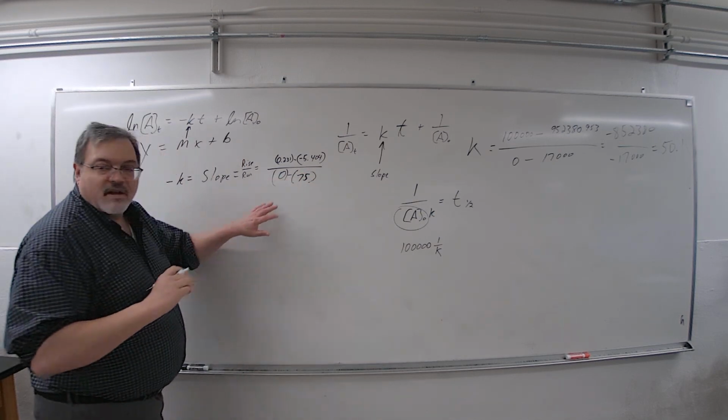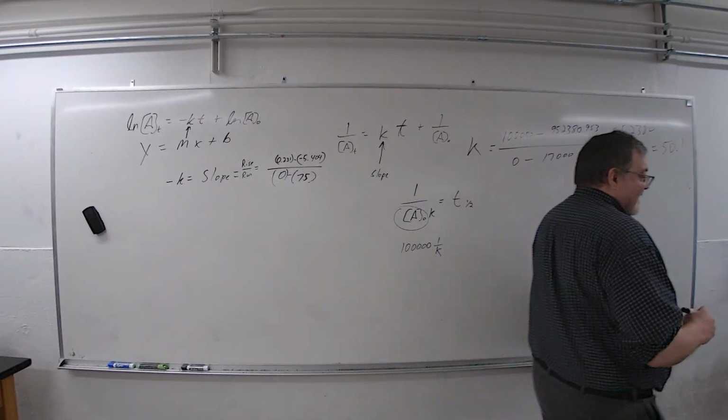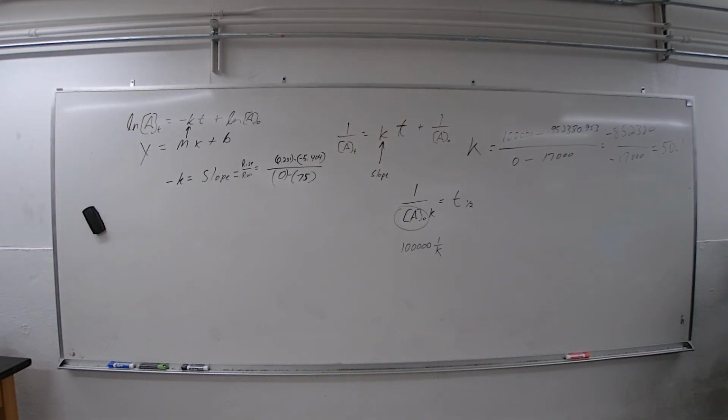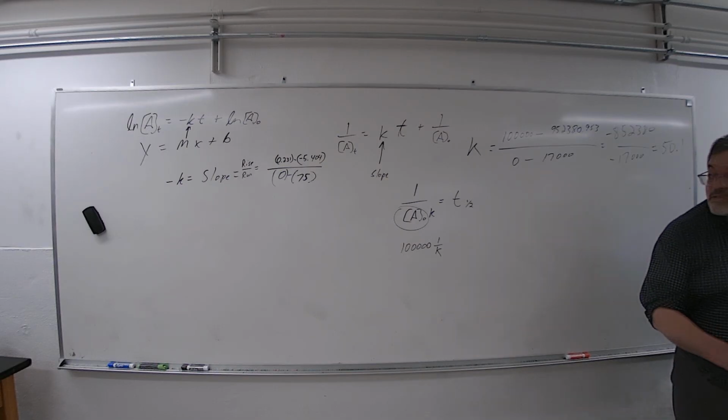Okay. Is that right? So the bottom is going to be negative 75. And the top is here. 0.231. That's positive. A negative minus a negative is plus 5.404. 5.635.